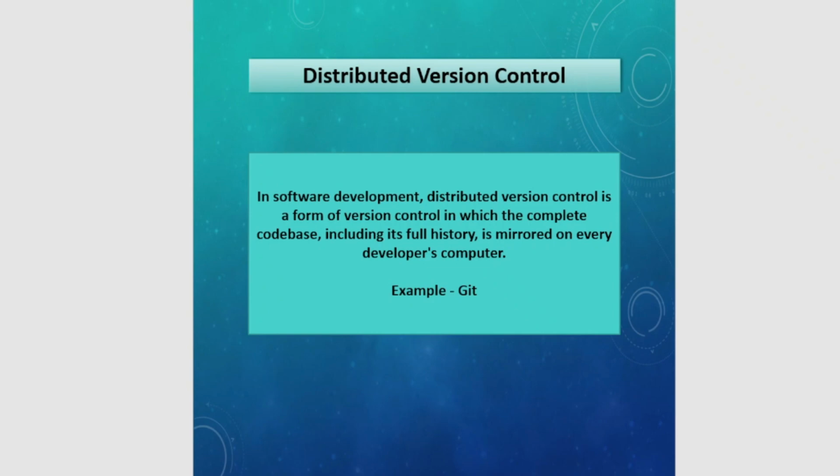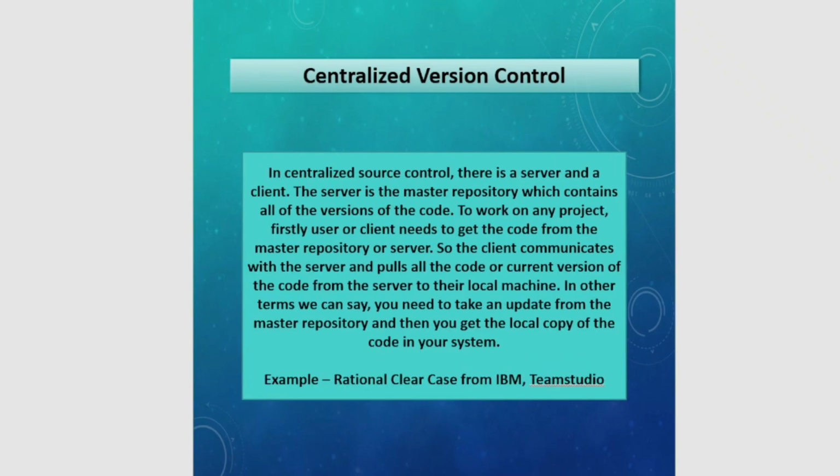So you need to understand the key differences, how it differs from the centralized version control system, which will be coming in the next slide. So in centralized version control system, one needs to connect to a master repository which contains the list of the version or the stack of the version of the software changes that have been made, and the client needs to get the code from the master repository on the server.